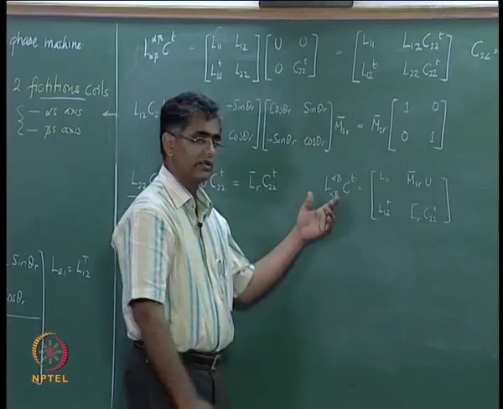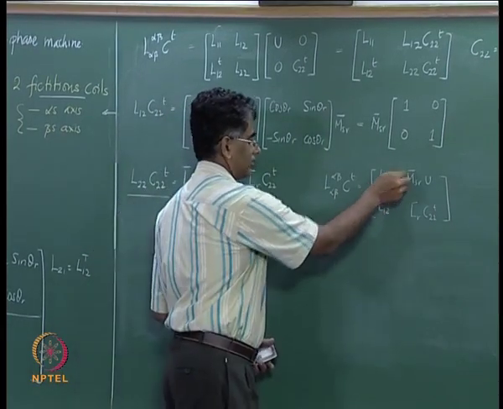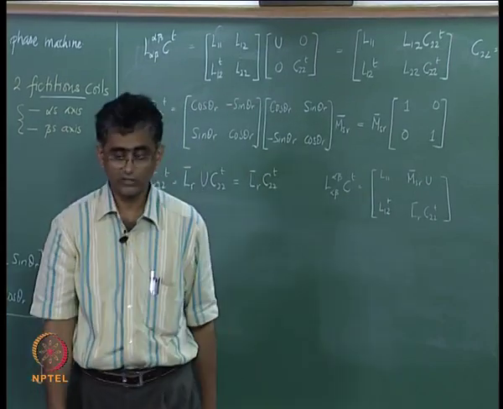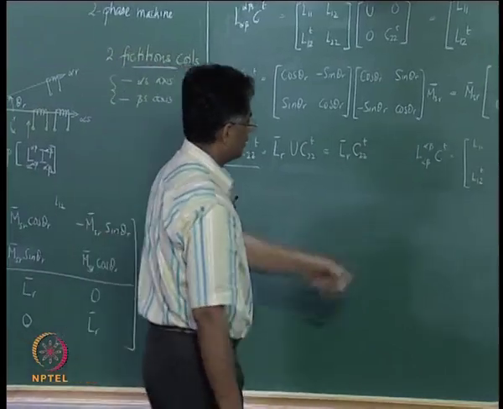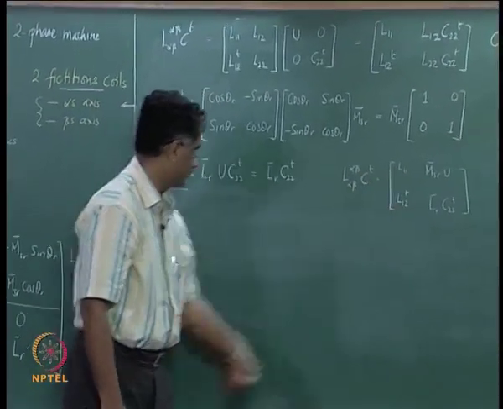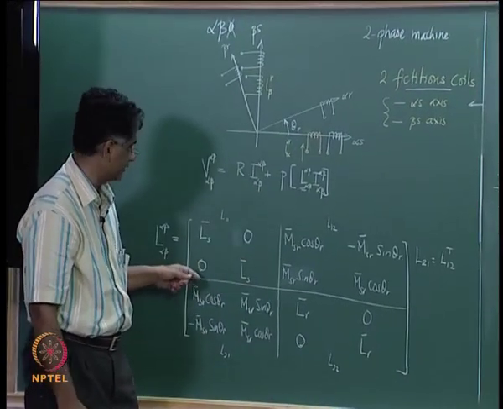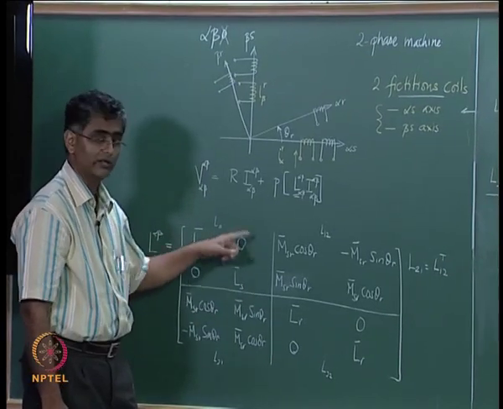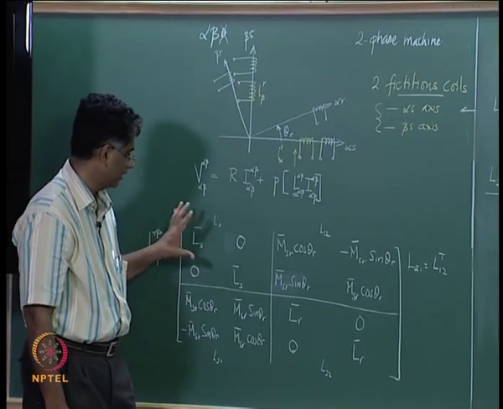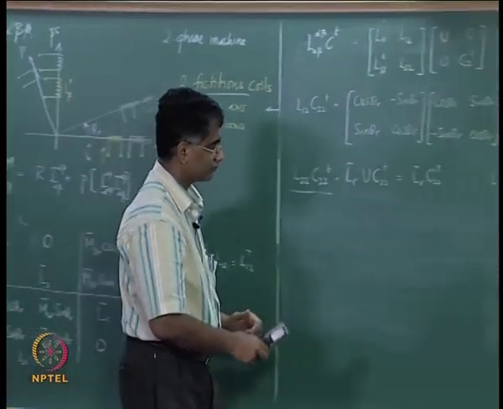Now if you take the derivative of this expression, each of these terms has to be differentiated. Derivative is with respect to time, and you see that L11, the inductance matrix here, that is the first submatrix, contains only fixed elements, there is nothing that is varying with respect to time, and therefore the derivative of L11 is 0.